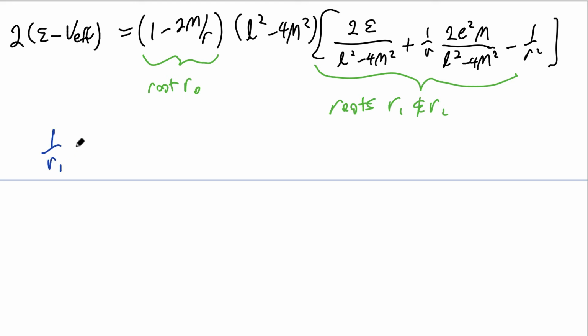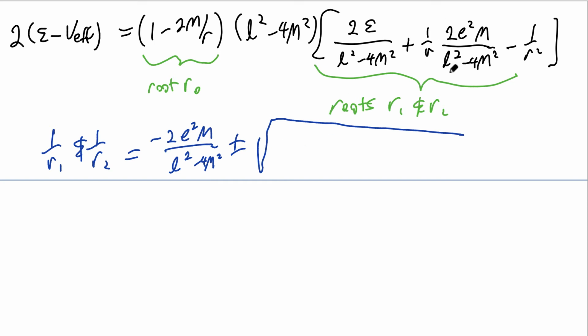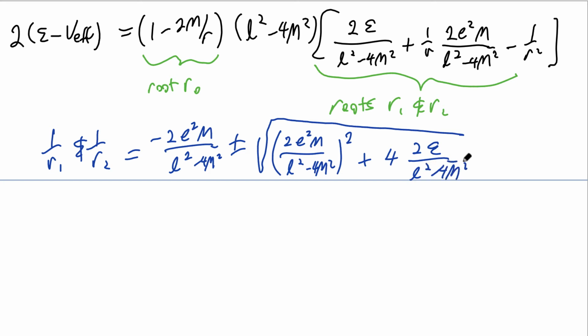So 1 over r1 and 1 over r2 is equal to minus this coefficient, that's minus 2 little e squared m over L squared minus 4m squared, plus or minus the square root of this coefficient squared, so 2 little e squared m over L squared minus 4m squared, quantity squared, minus 4 times this coefficient, which is minus 1, so that just flips this minus to a plus, times this constant term, 2 little e over L squared minus 4m squared.